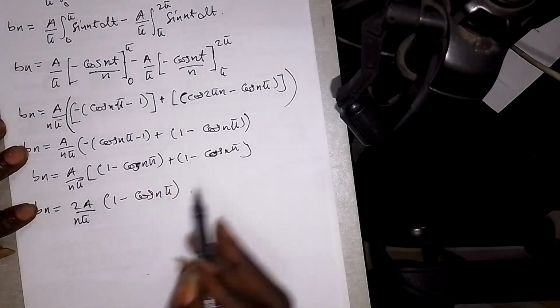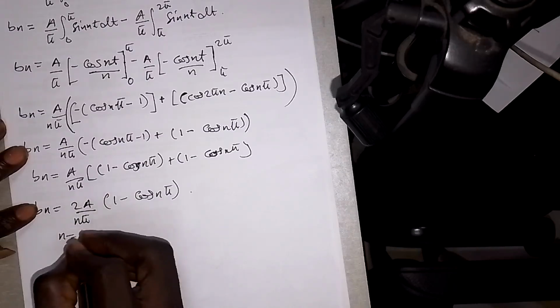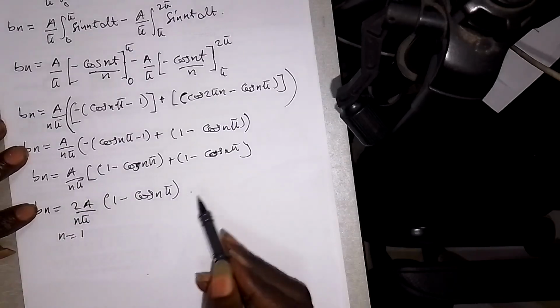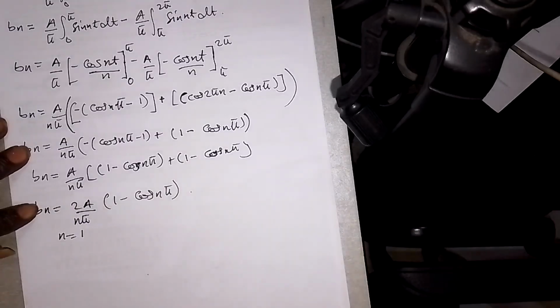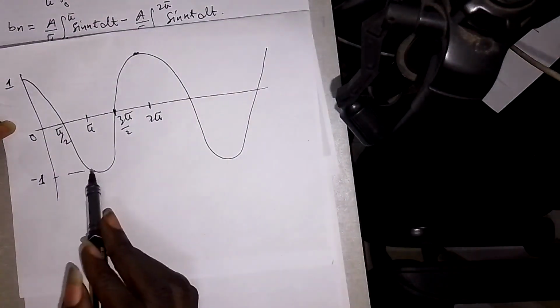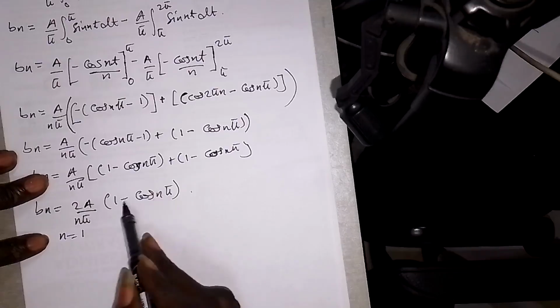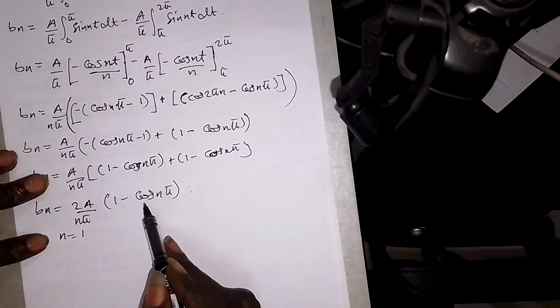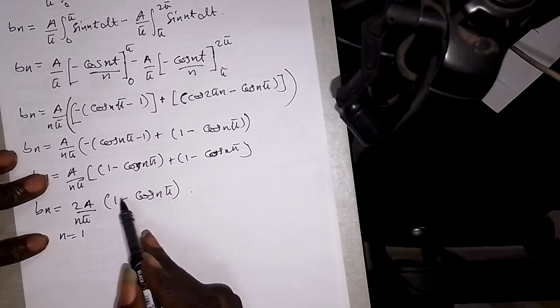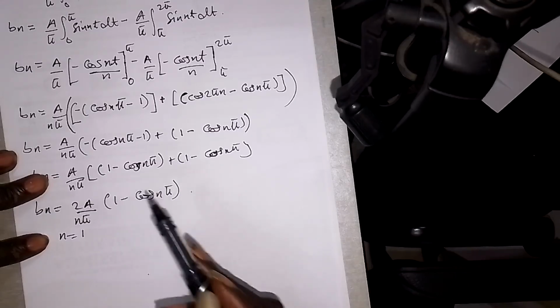Okay, so let's say n equals 1. If n equals 1, I'm going to have minus 1, because it's the cosine signal. If you put minus 1 here, I'll have 1 minus minus 1, which will be 2.